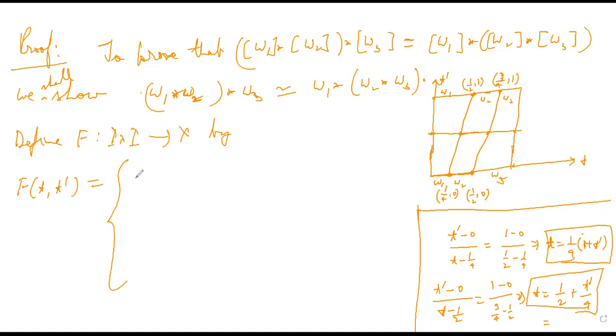So t between 0 and 1 upon 4, same thing, 1 plus t prime upon 4.